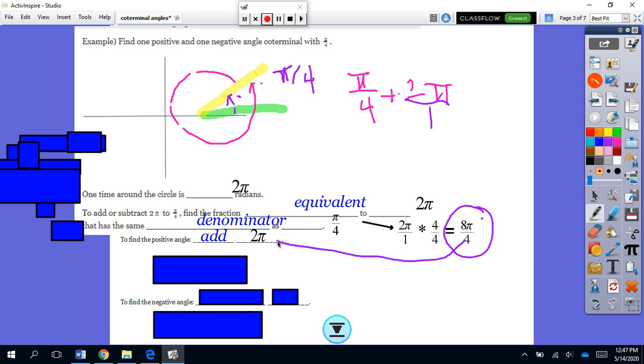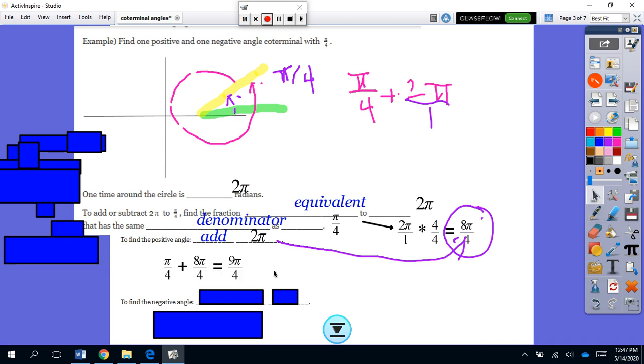So I'm going to do pi over 4 plus 8 pi over 4. Remember, we add the numerators, and there's a 1 in front of that pi, so it's 1 pi plus 8 pi, which is 9 pi. When you add fractions, you keep the denominator the same once you have that common denominator. So the answer would be 9 pi over 4.